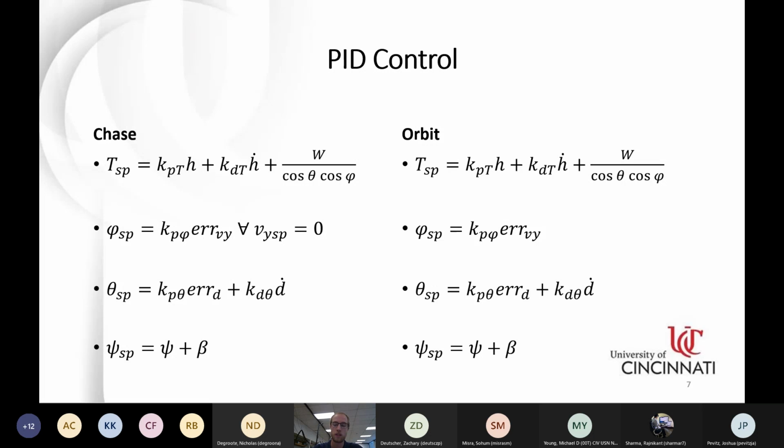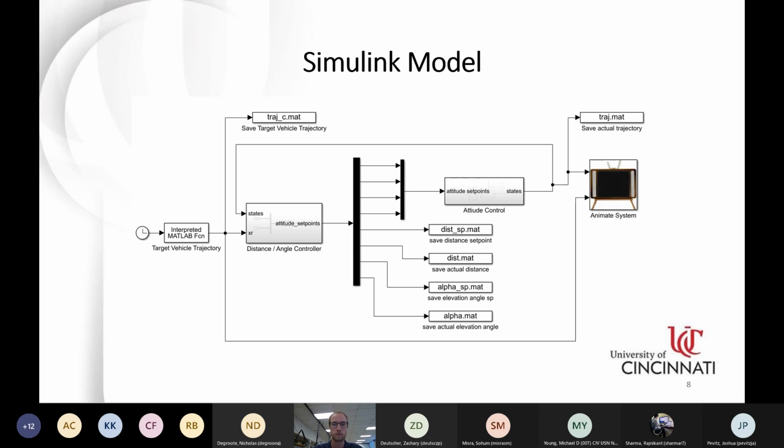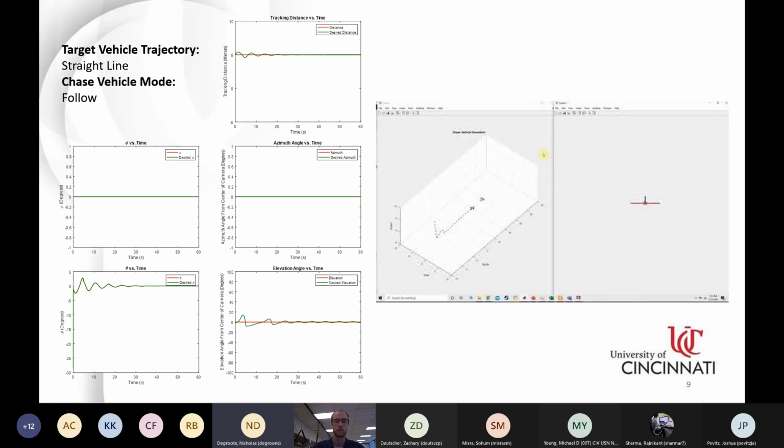Theta is controlled by the distance error, how far away we are from the vehicle, and our heading is defined by beta, the relative azimuth. And this is the Simulink model that we used. It's a similar structure to what was used earlier in class for the differentially flat quadrotor, except now we're not assuming that the system is differentially flat. We're creating a trajectory that directly models the target trajectory.